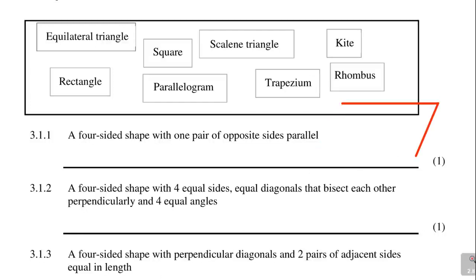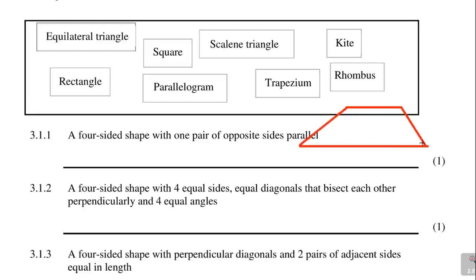Let me make it like this, and then like this. But I want to make it different. 4-sided can be like this, can be like this, can be like this. Yes, it can be like this.